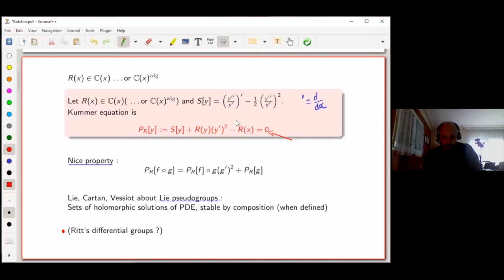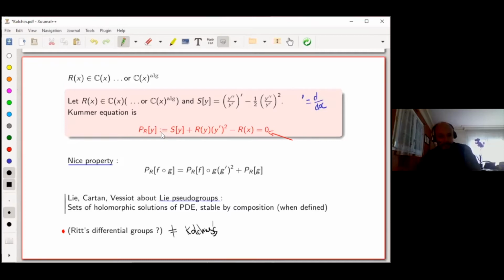And this Kummer equation will give you an instance of a Ritt differential group which is different from a Kolchin differential group. This is not a Kolchin differential group. This is the point of view we will use on this differential equation.